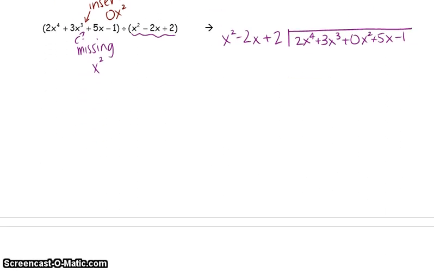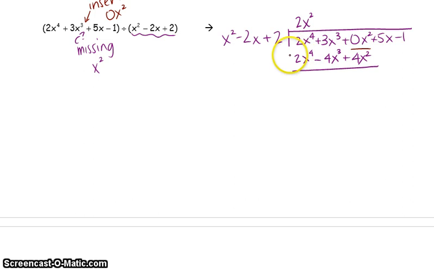So now let's do exactly what we were doing before. Don't forget this 0x squared. We need to say how many times can we fit x squared into 2x to the 4th? That goes in 2x squared times, and that would give you 2x to the 4th. And you're multiplying this by your negative 2x, so that would be negative 4x to the 3rd. 2x squared times 2 is a plus 4x squared.